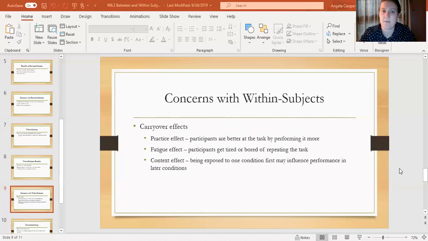If it's between subjects design, we don't have to worry about any carryover effects because they do one condition and they're done. However, within subjects design, let's say they come in for the quiet condition first and they do the multiplication tables.